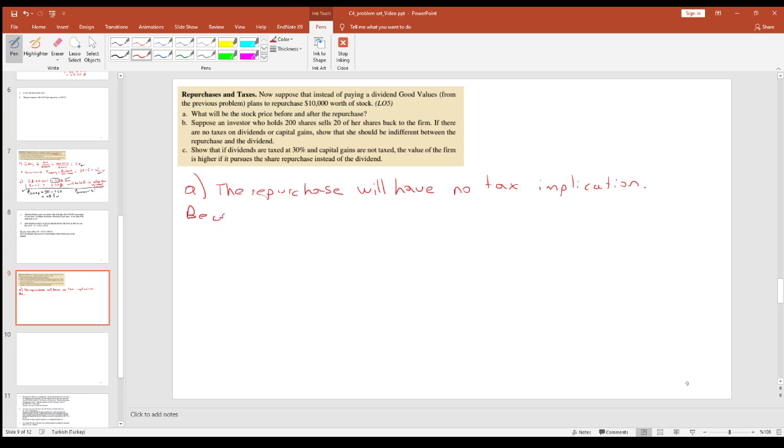Because the repurchase does not create a tax obligation for the shareholders.